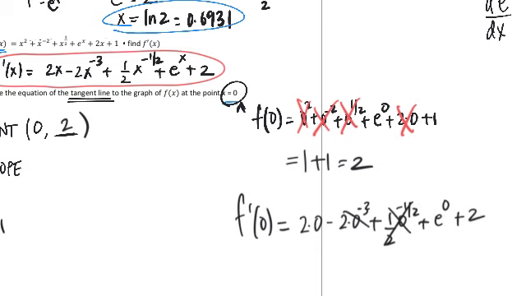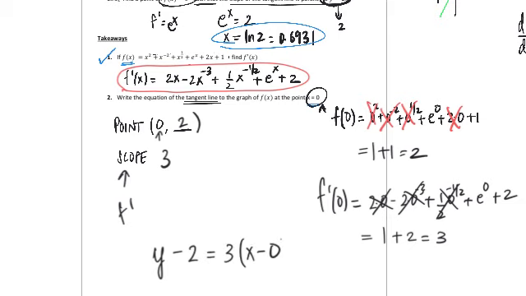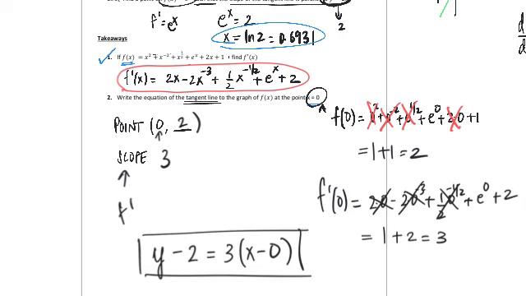So all these are just 0, and then e to the 0 is 1, and plus 2 is 3. And so my slope at this particular x value is 3. So then my equation for the tangent line is y minus 2 is equal to 3 times the quantity x minus 0. You can rearrange that, but you don't have to unless the question asks you to.